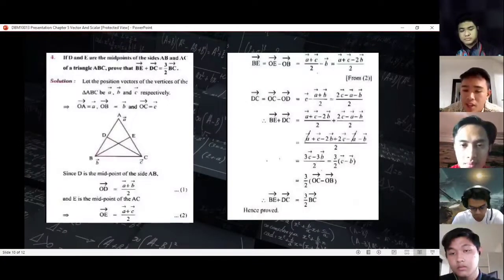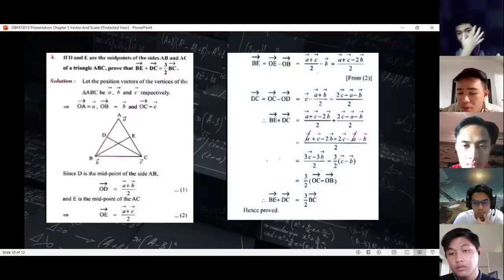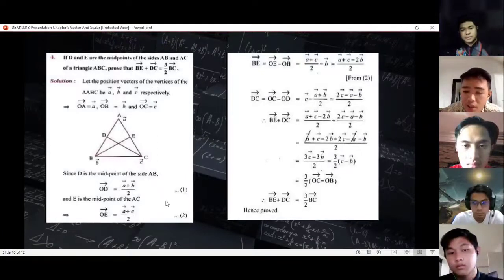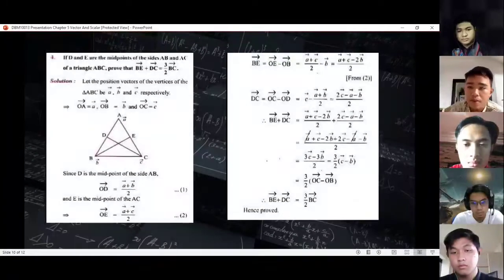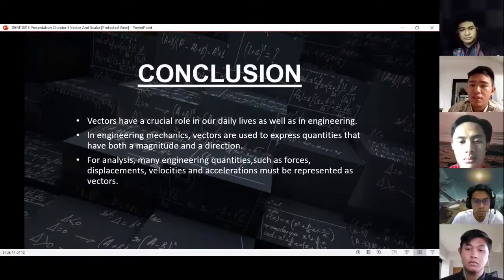So (3C minus 3B) over 2 is 3 over 2 times (OC minus OB), and the final answer is BE plus DC equals 3 over 2 BC. Alright, that's all for the question.